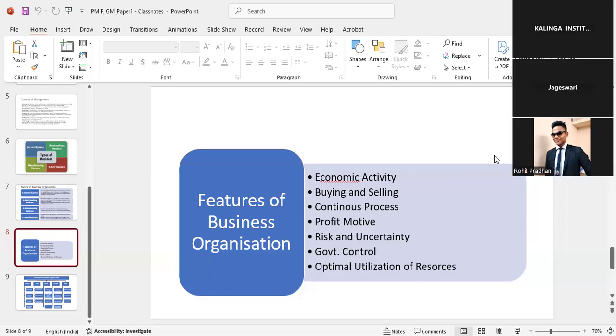There are different objectives. Objectives means where a business is established, what are the different objectives, what a business can do.